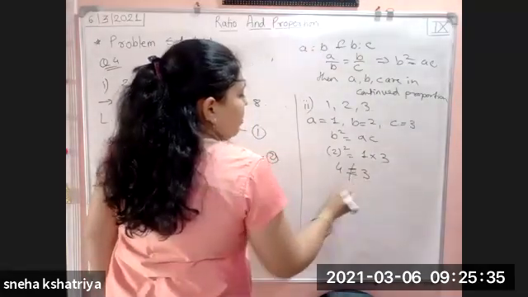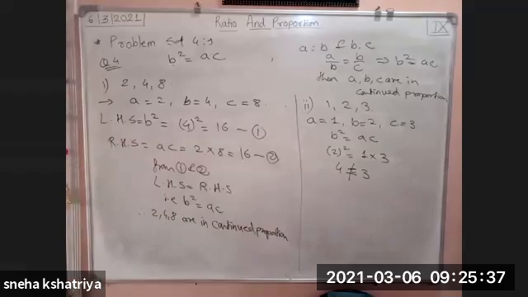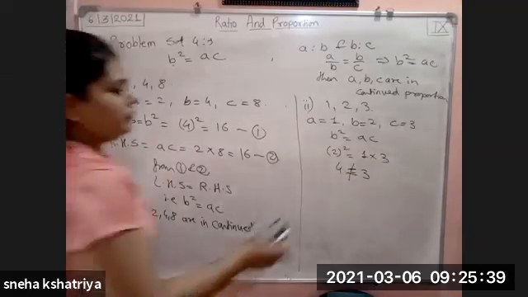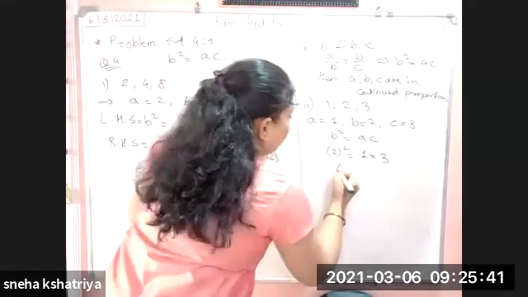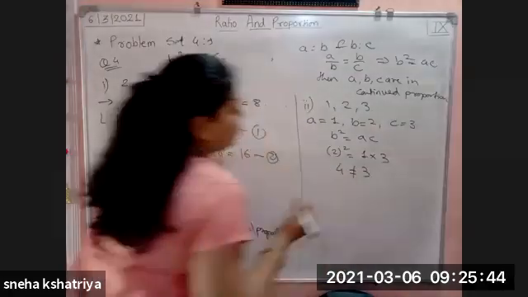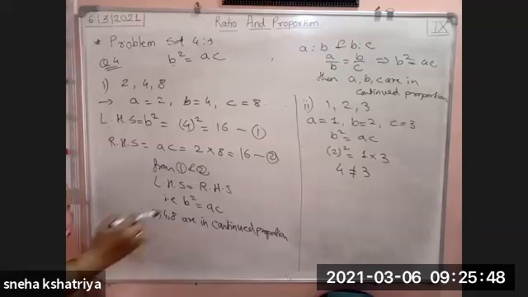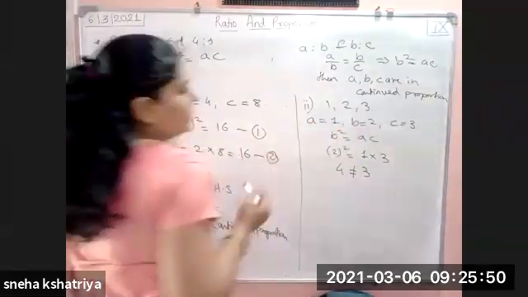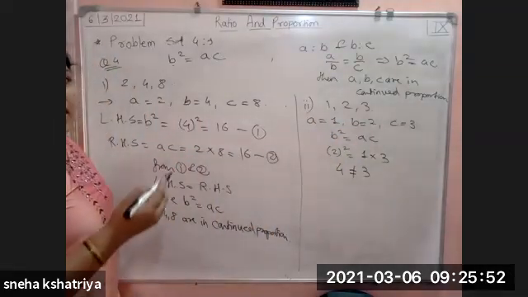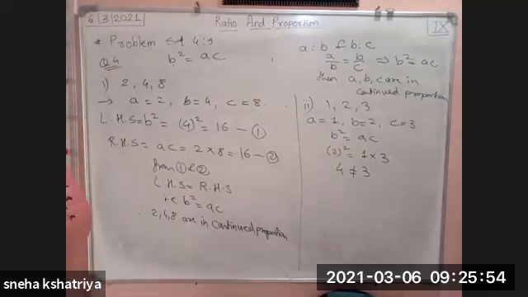This value is not equal. 4 is not equal to 3. Therefore, the given condition does not satisfy. So the given numbers are not in continued proportion.